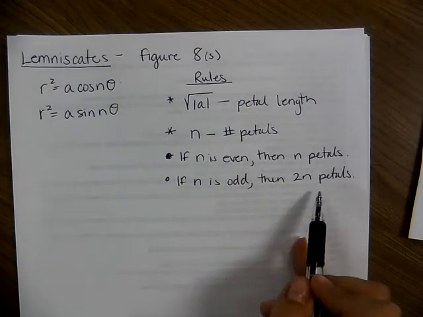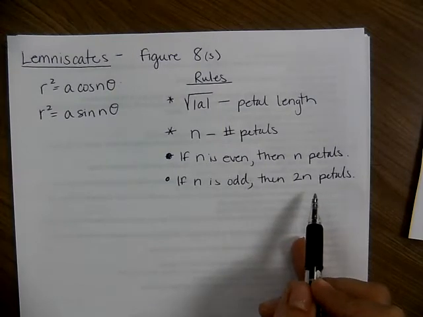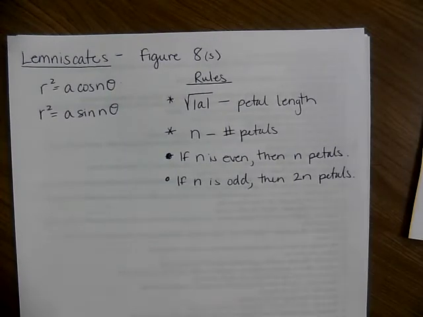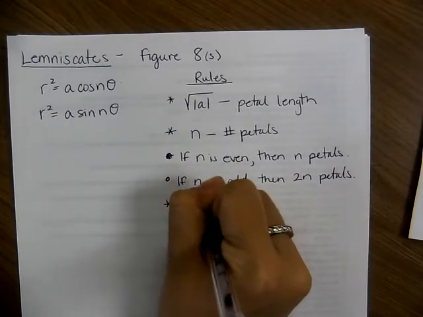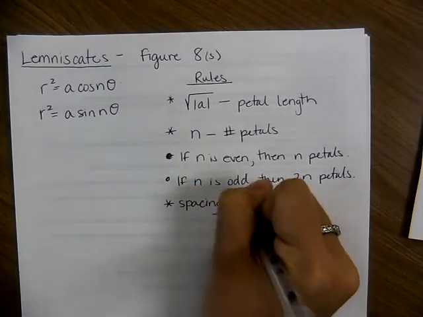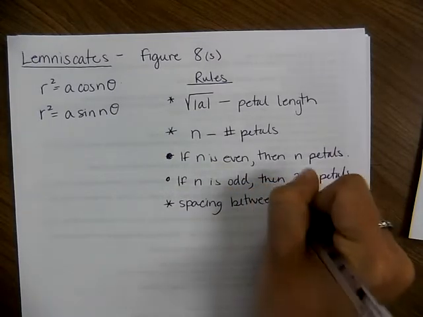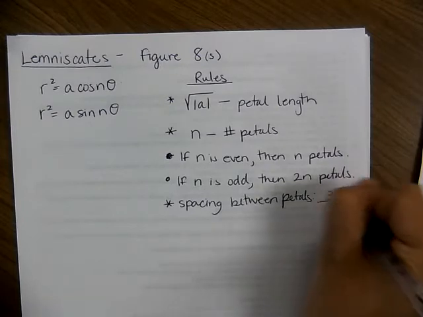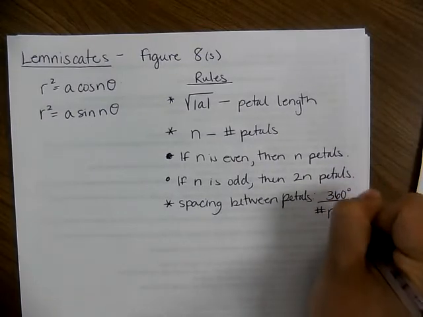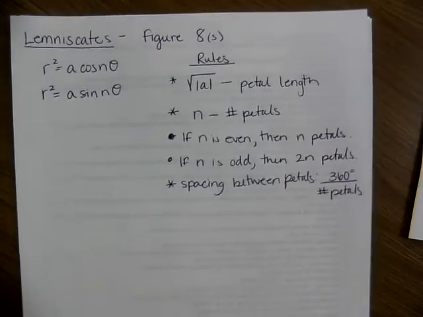If it's odd, then you have to make it an even number of petals. That's how I remember that rule. And then, again, the spacing between the petals, you still take 360 degrees and divide it by the number of petals. So that's the same rule.